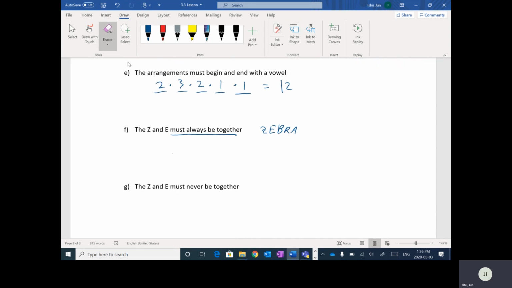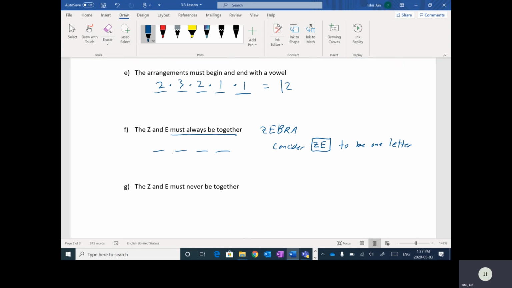The reason is that the Z and the E are considered to be just one letter. So consider ZE, maybe I'll put a box around that, to be one letter. In other words, instead of arranging 5 letters, we're actually arranging 4 objects.